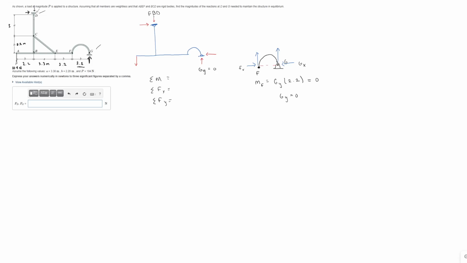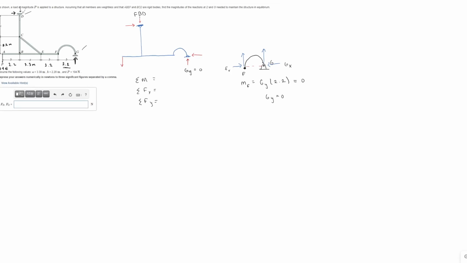Okay, now what we need to do is come up with a bigger moment formula that involves the whole system as one, right? For example, the easiest point that you would pick would be a point that is connected to both G and D. When you look at this whole system, there's one point that connects both G and D, and that would be B right here.